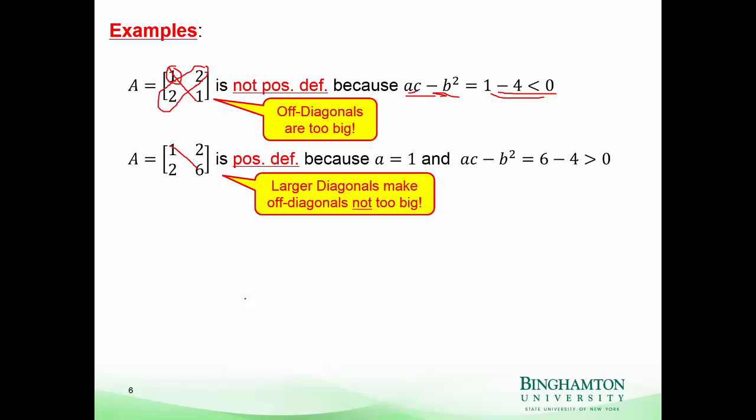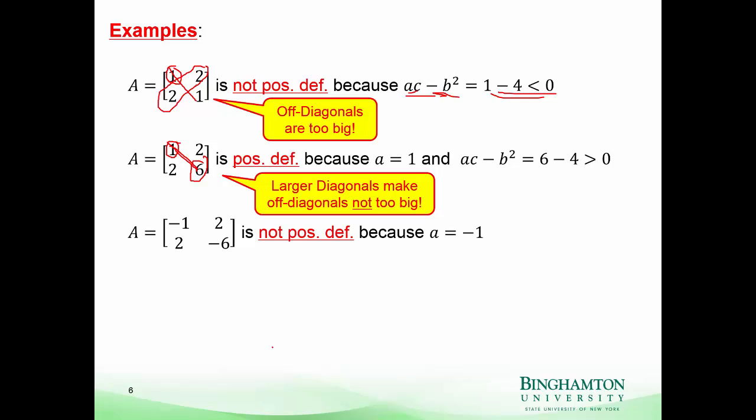And now, lo and behold, it is positive definite. So it's not just that the off-diagonals have to be small compared to each of the elements. No, but once you've set the diagonal elements, there's going to be that product that will set some sort of limit on the size of these off-diagonal elements.